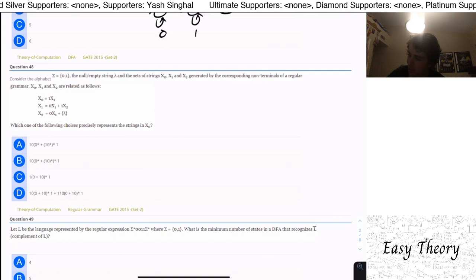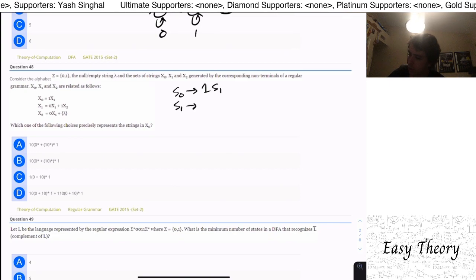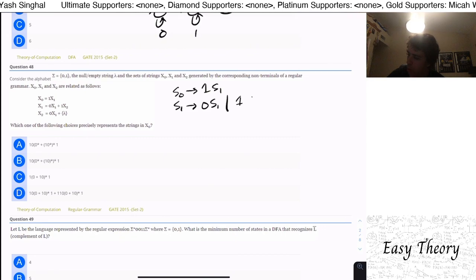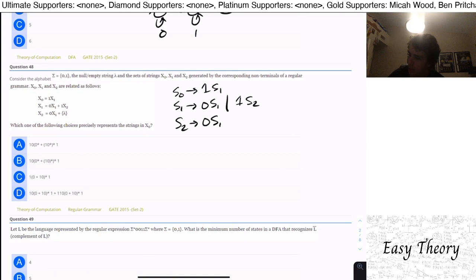Let me write this out. So S0 goes to 1, S1, S1 goes to 0, S1, or 1, S2, S2 goes to... This helps me look at it in a different way.